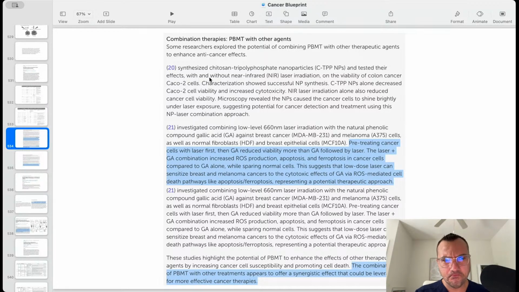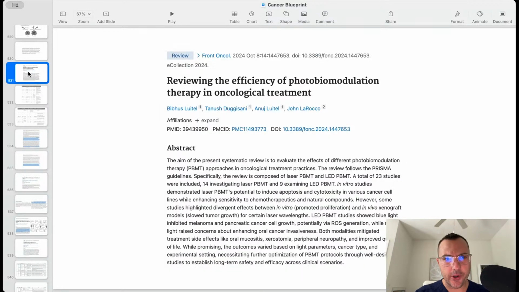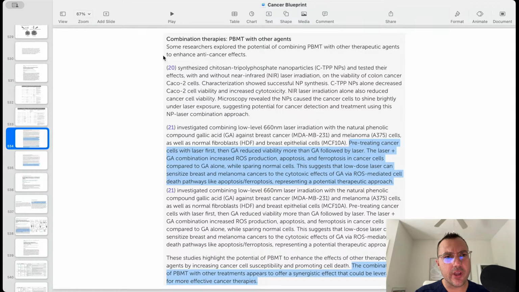So this is in the same paper here, reviewing the efficacy of photobiomodulation therapy in oncologic treatment. It says there are combination therapies, where they used certain sensitizing molecules with red light therapy.